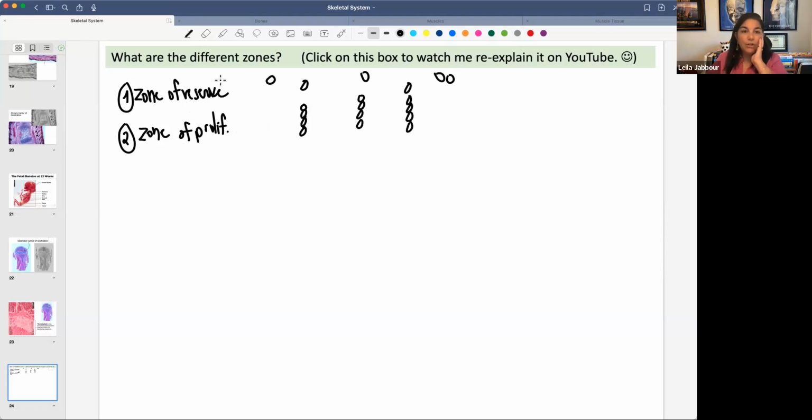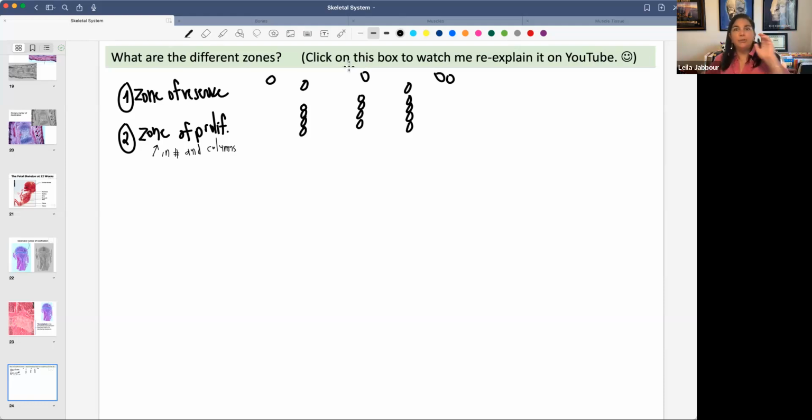Zone of proliferation. So I'm going to write here, just so you're aware, increase in numbers and columns. Okay, two things are happening. They are multiplying, which is not a thing that happens in hyaline cartilage ever.